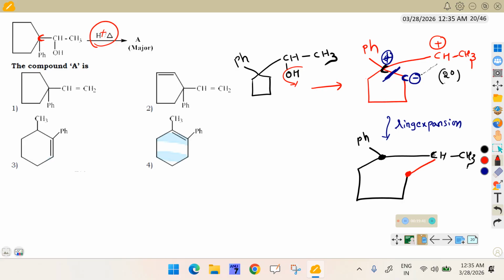So here in this ring, how many carbon atoms are present? Total number of carbons: 1, 2, 3, 4, 5, 6. It can be written as a regular 6-membered ring, like this.